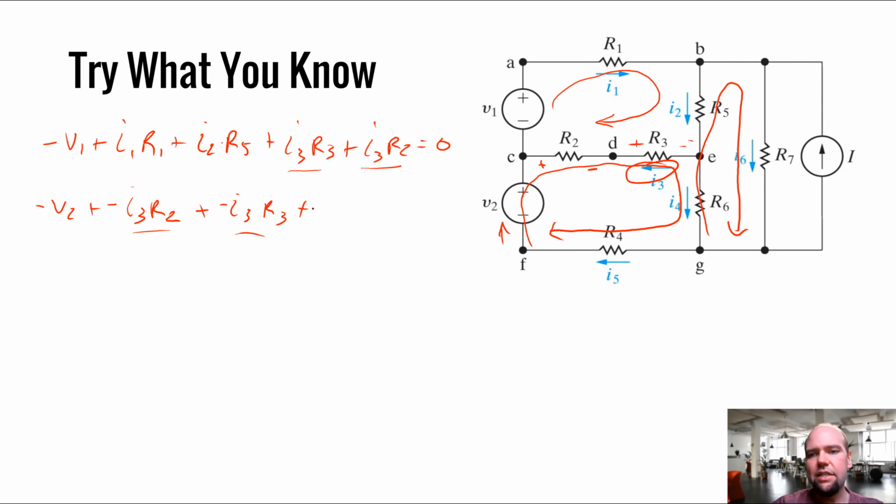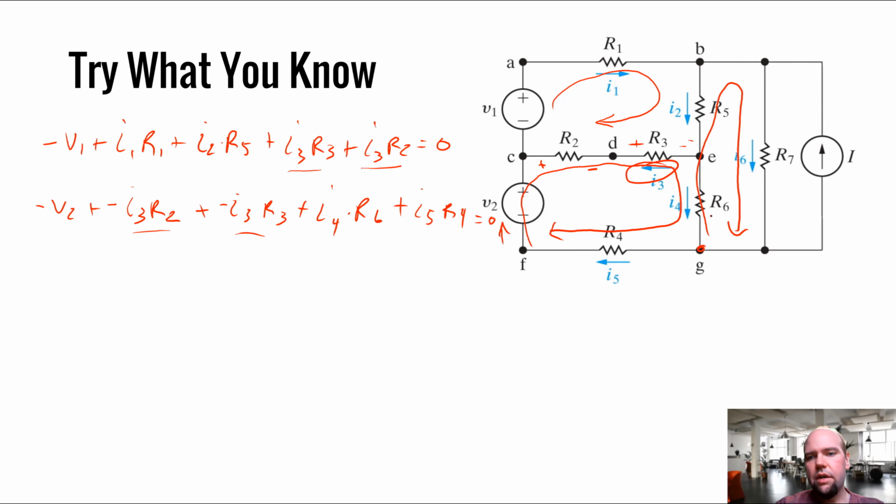So now we got R6. Luckily, we got direction on our side now. So now we got I4 times R6, and then we got plus I5 R4 equals 0. Okay, lastly, let's go around this other little loop around here. Starting here, working my way around.